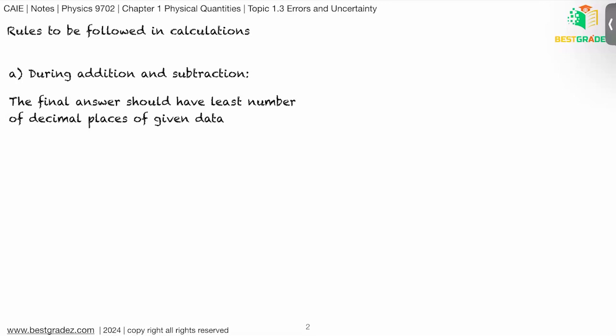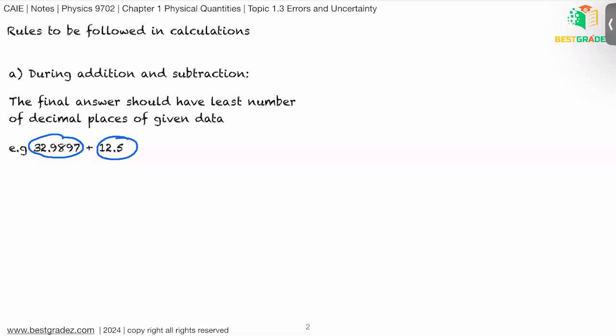If you want to round off your answer, and you have to obviously in your practicals, but even in theory. If it is an outcome of addition and subtraction, your answer should have least number of decimal places, which means what? If I were to add these two values, the left side, this number has 4 decimal places.